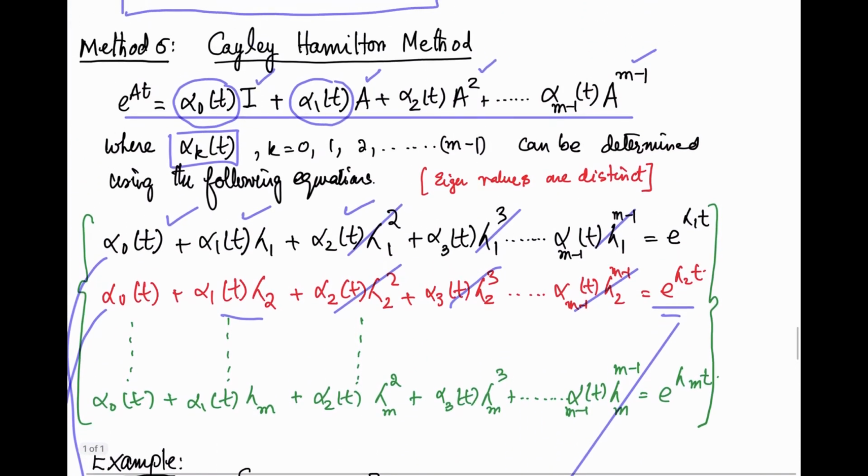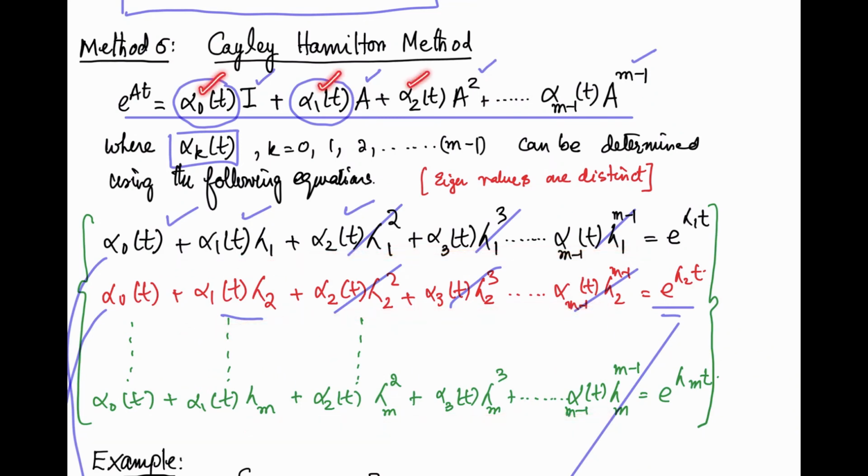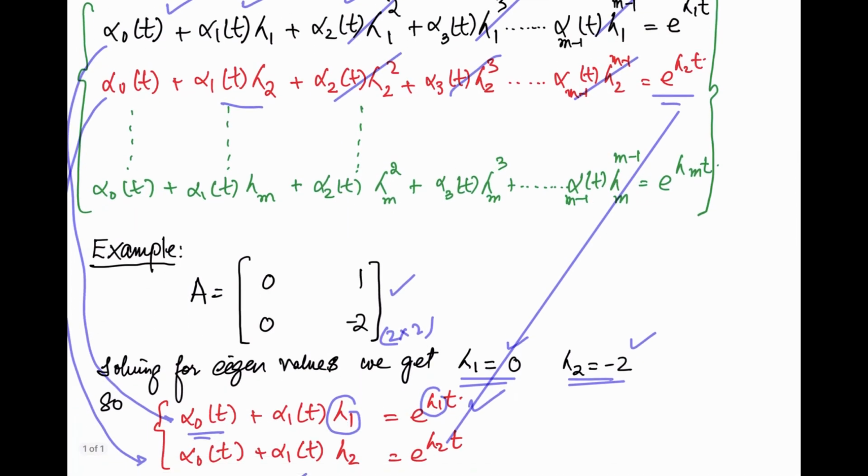The first is the Cayley-Hamilton method, in which we set up these equations to find the alphas, and once you determine the alphas, you can use them to find the state transition matrix, with the identity matrix, the state matrix A, the square of the state matrix, and so on. Depending upon the order of the system, you will set up the equations and find the state transition matrix.